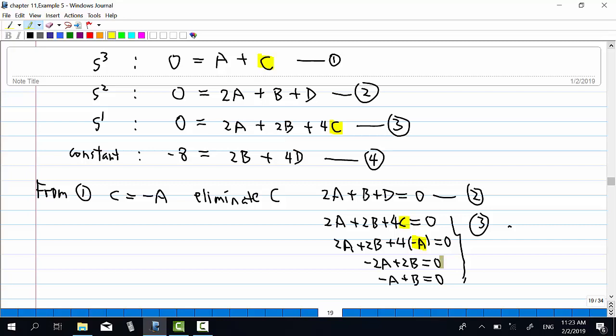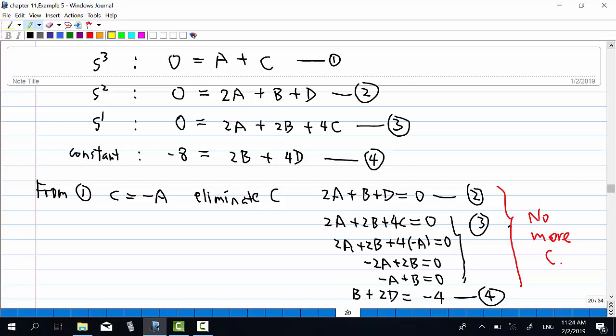And the fourth equation will not change because there is no c there, but you can simplify this by dividing everything by 2, you get b plus 2d equal to minus 4. So these three equations have no c inside because I have eliminated c already. Only have a, b, and d.